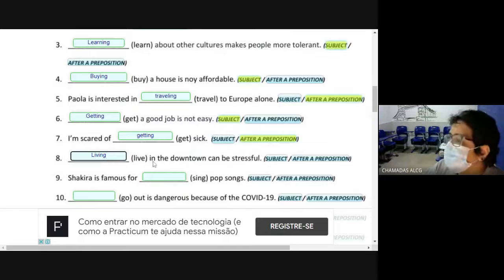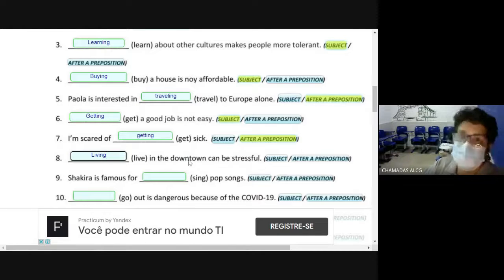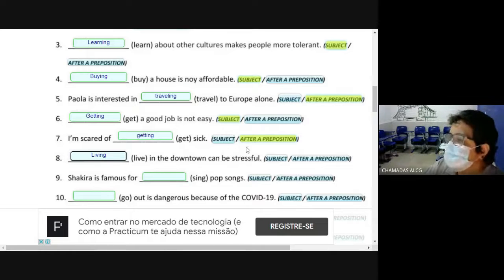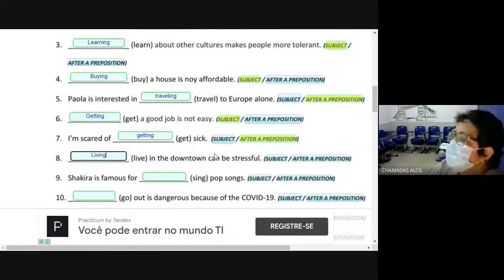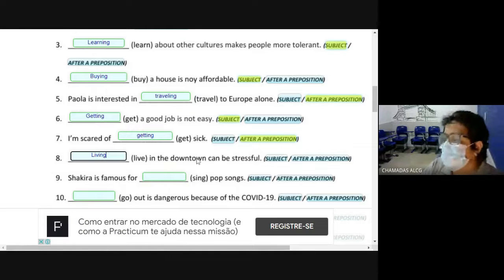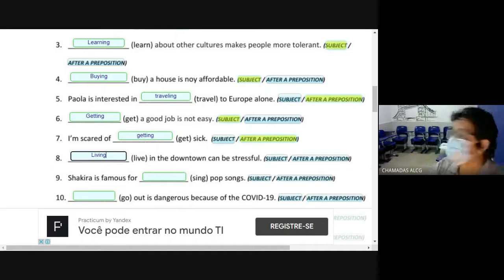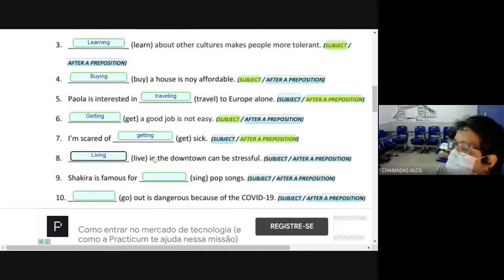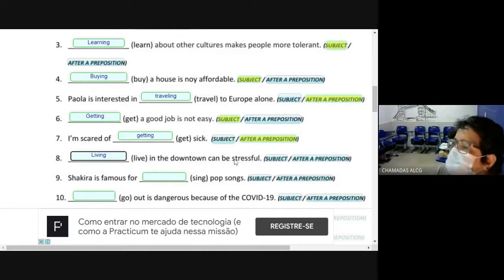We don't say in the downtown, only if we say in the downtown area. If we use the word area here, then I can say living in the downtown area can be stressful. Okay? How should we say this? This one here is living downtown can be stressful.